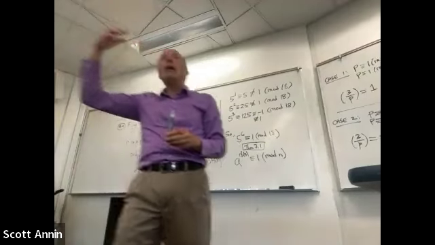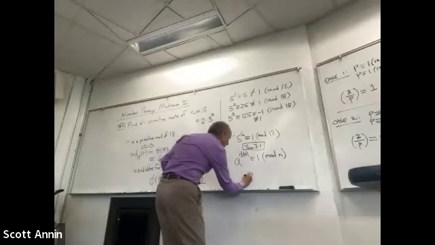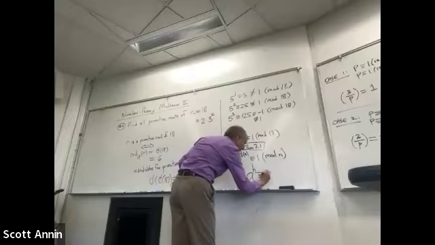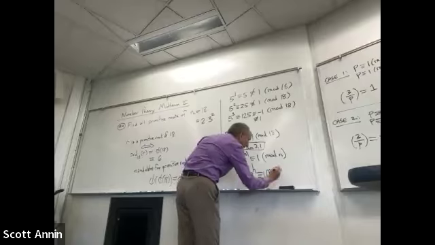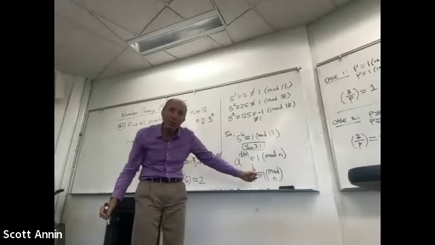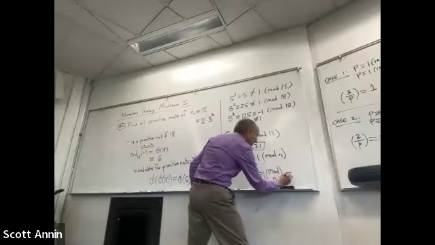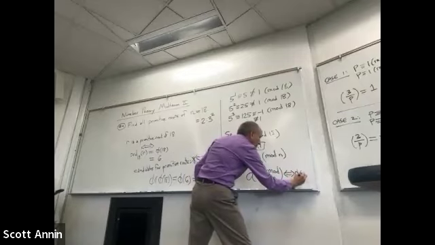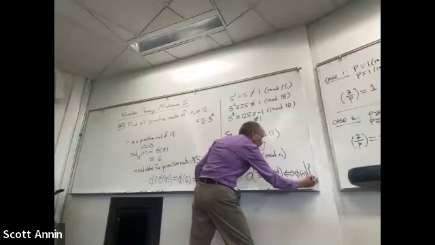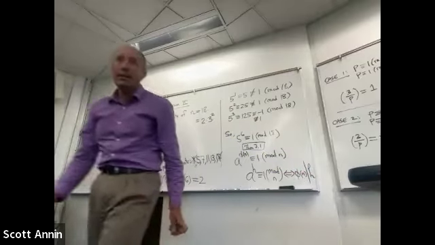Remember this? For which powers of A, I think we phrased it this way: when is A to the H congruent to 1 in mod n? It was if and only if H is a multiple of phi of n.